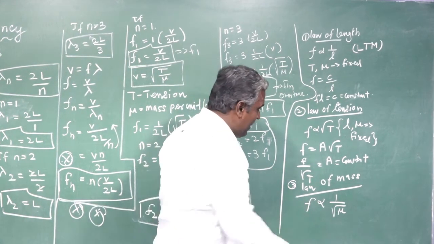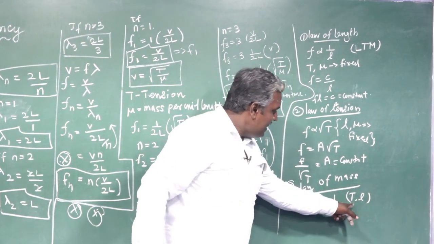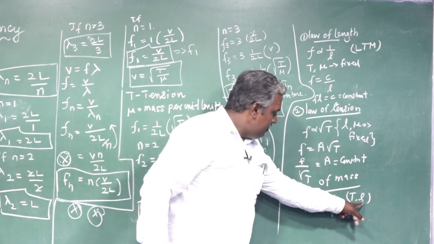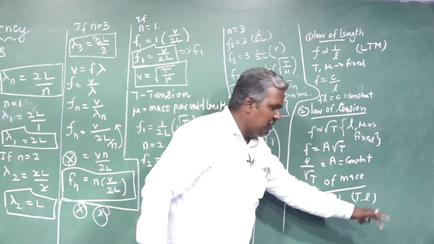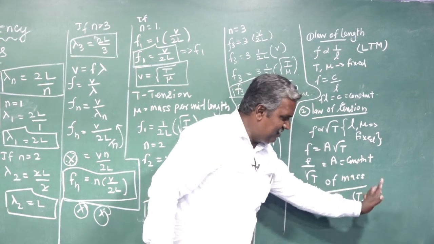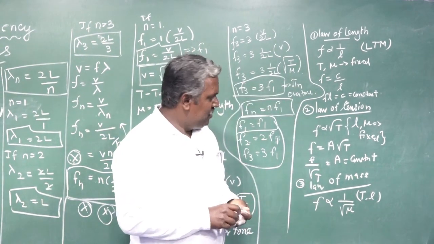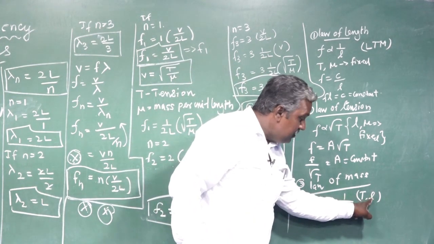T and L. So tension and mass per unit length in a string are fixed. Tension is produced in the string. L means here not mass per unit length. This is vibrating length.